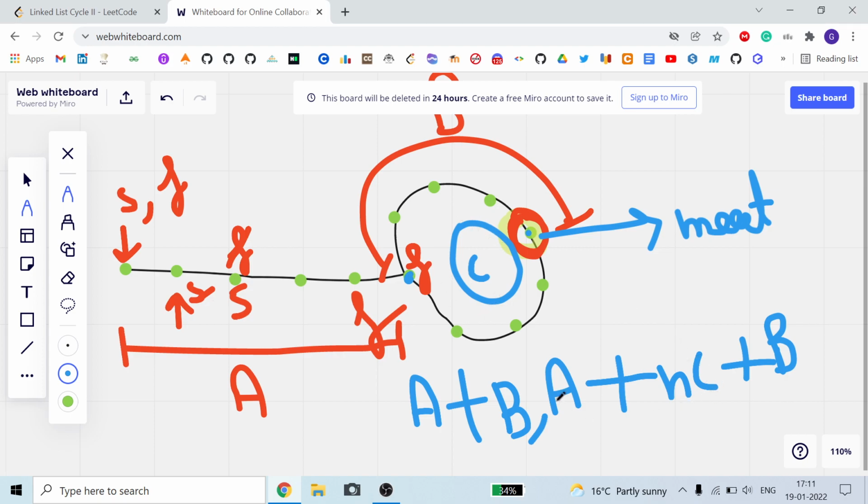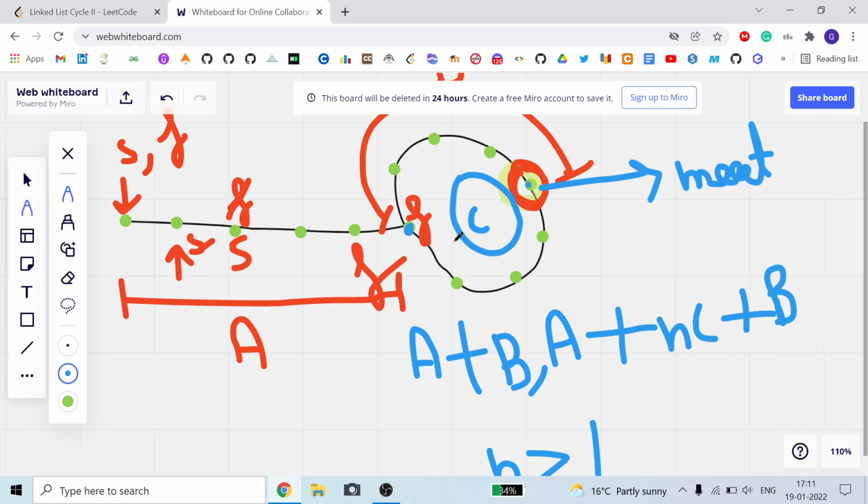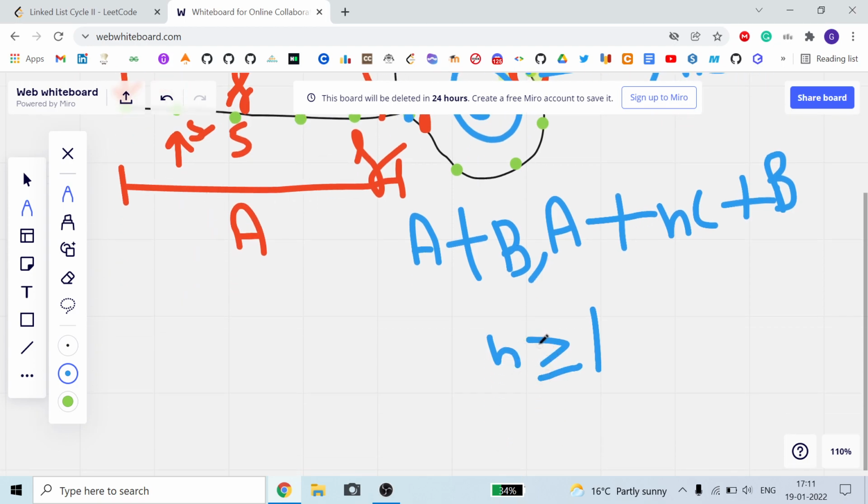So n should be greater than or equal to 1, at least one round, because if our f is here before our s, then f just has to complete one round, since f is moving faster than s. I am saying at least one round. It can also be more than one round.